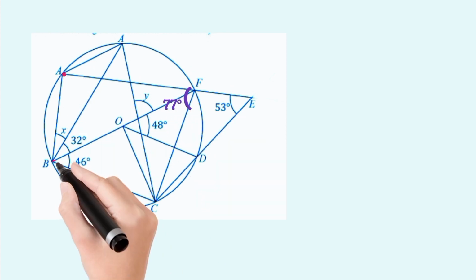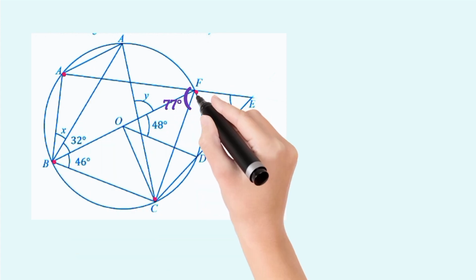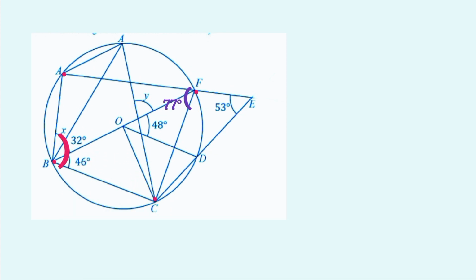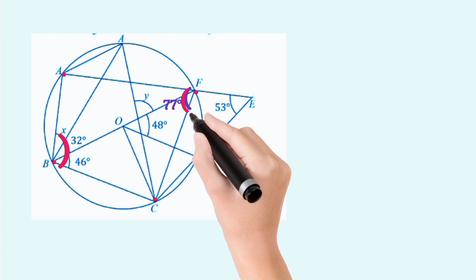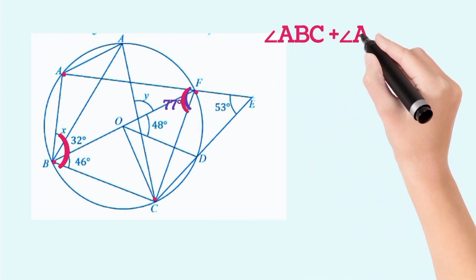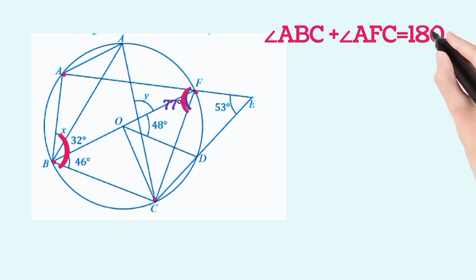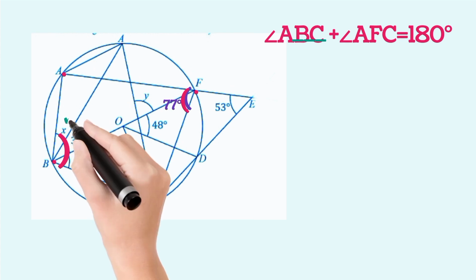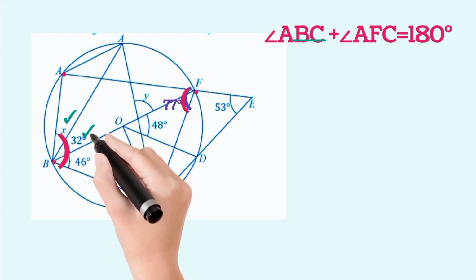Now ABCF is a cyclic quadrilateral and sum of opposite angle in cyclic quadrilateral is 180 degree. So angle ABC plus angle AFC will be equal to 180 degrees. Now ABC is sum of X, 32 and 46.